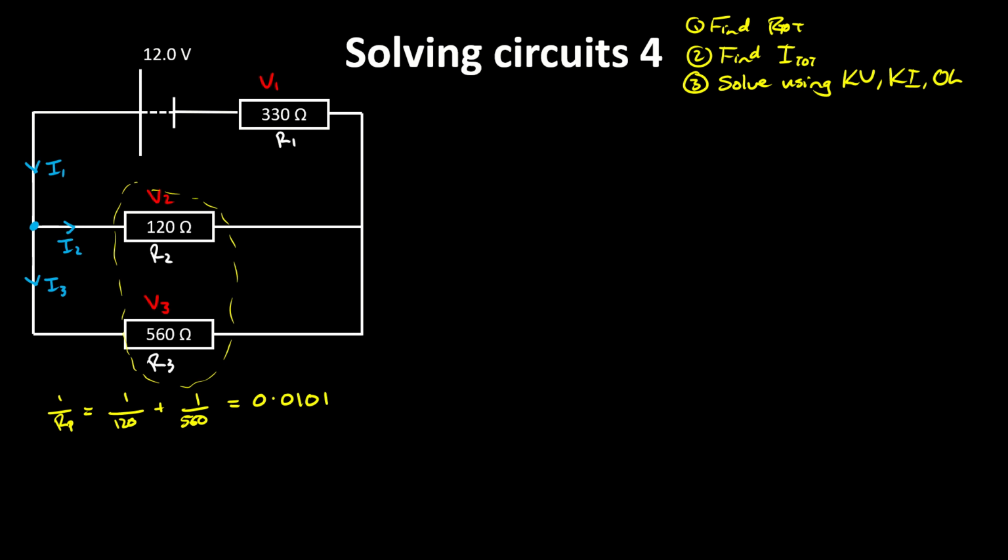But remember, that's parallel, so the actual resistance of that parallel section is 1 over that, 1 over 0.0101, which is 99 ohms. I'm going to round it off to the nearest ohm.